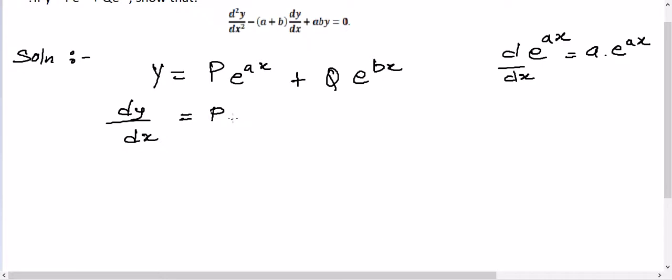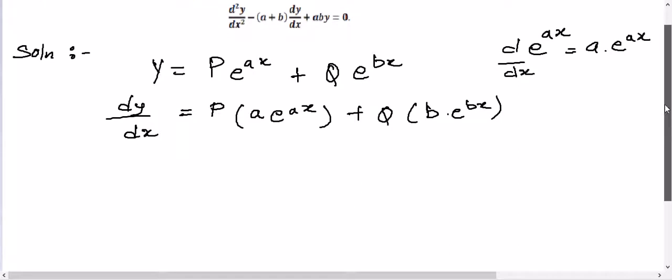So it will be p into a into e to the power ax, plus q. Similarly, when we differentiate, it will be b into e to the power bx.